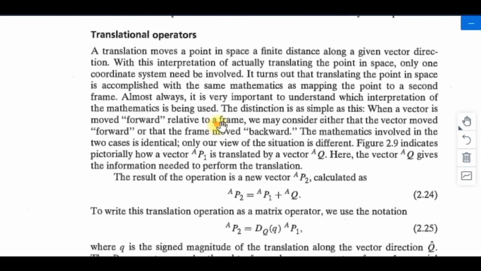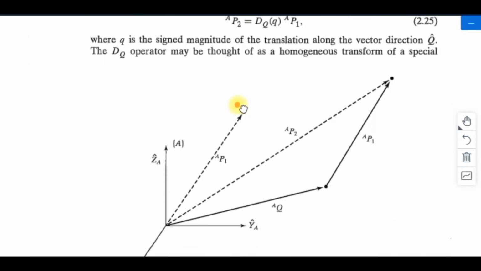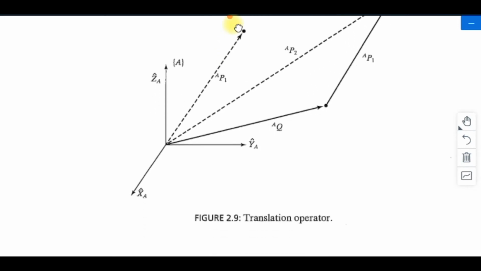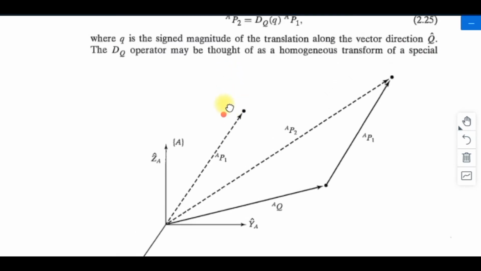So when you look at this figure, this is the translation operation, and here we translate this to this, and we have to calculate this.